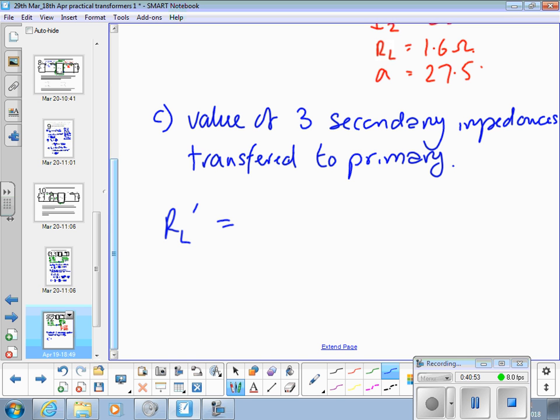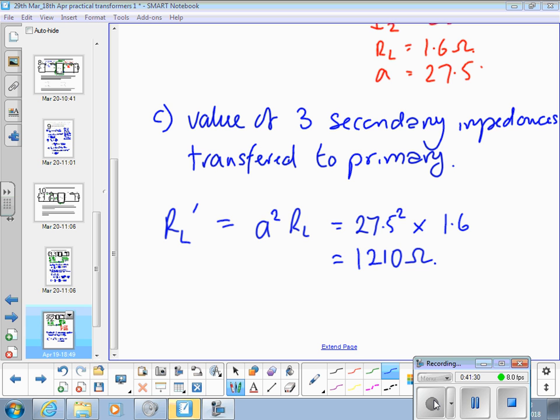We multiply by a squared. R2 dash is equal to a squared times R2, 27.5 squared times 0.008.